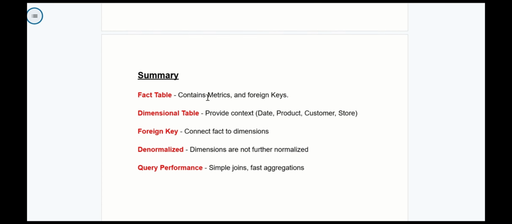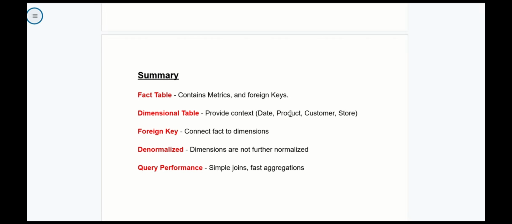So let's have a summary here. The facts table contains metrics and foreign keys, and the dimensional tables provide context. For example, date is a table specific for dates, so it gives more information about the dates: months, day name, quarter, all those kinds of data related to dates.